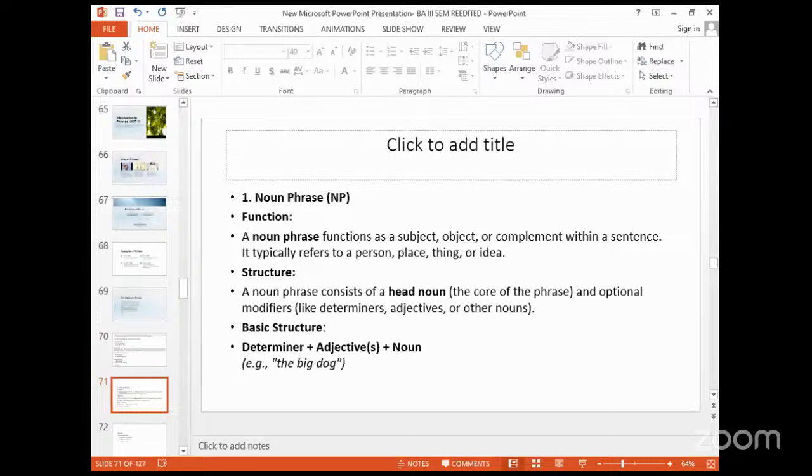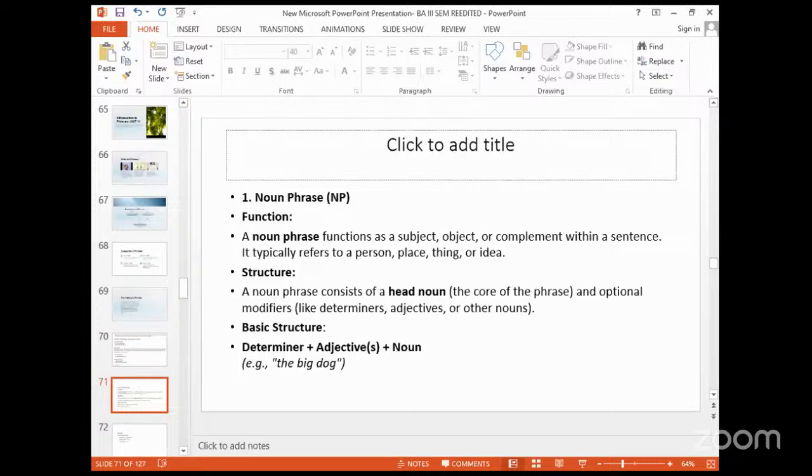That's the function. Now look at the structure. A noun phrase consists of a head noun, the core of the phrase, and optional modifiers, which may or may not be present. Sometimes a noun phrase can also be just a single noun. The modifiers can be determiners, adjectives, or other nouns.